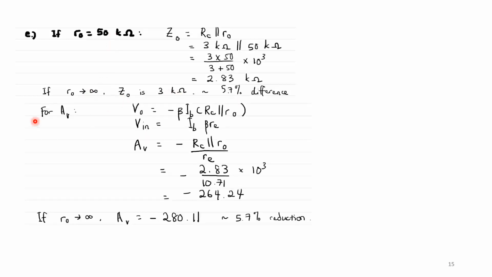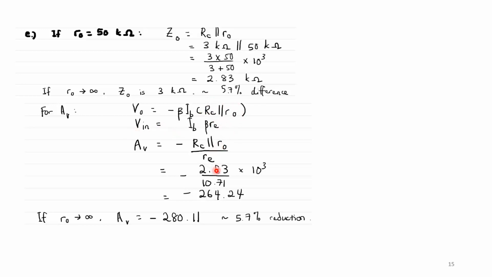And for the voltage gain, the same process. I need to find an expression for AV, but now when I find Vout, the current from the dependent current source beta IB does not enter just RC, but the parallel combination of RC and Rout. Vin is still the same.